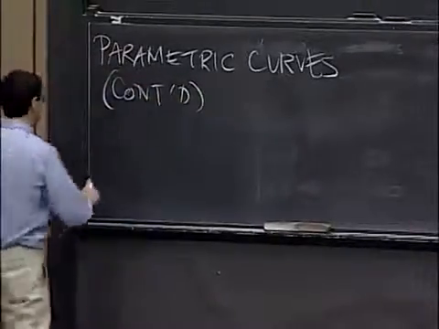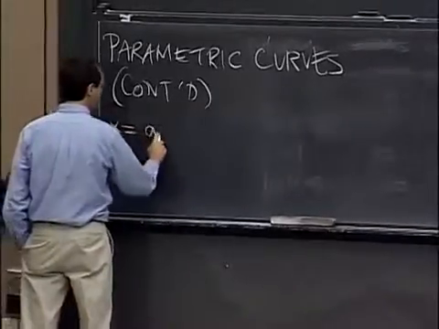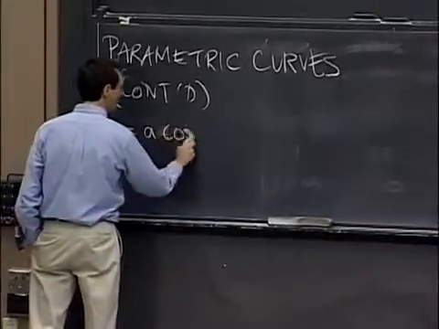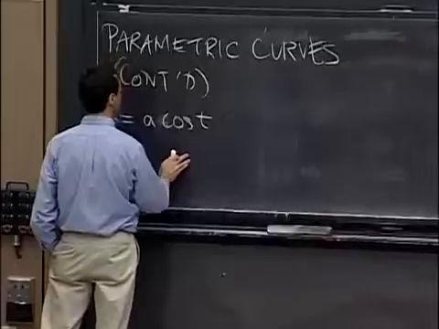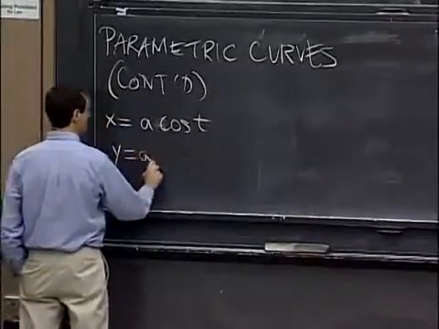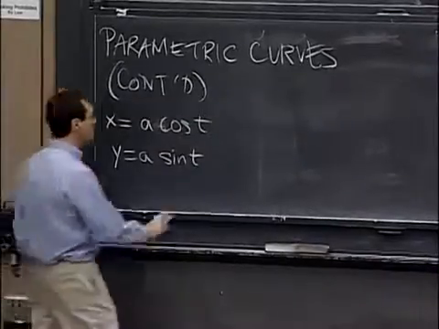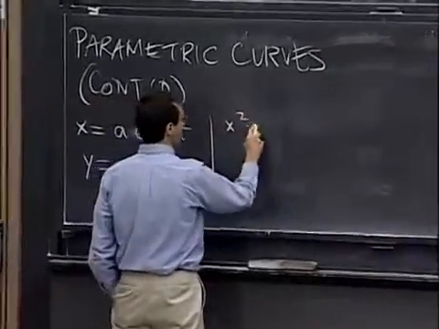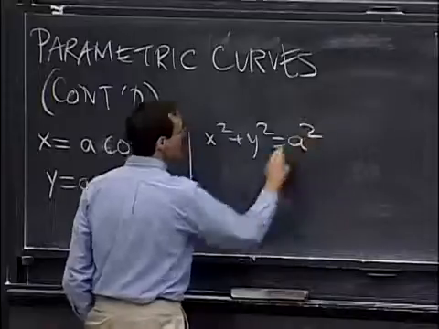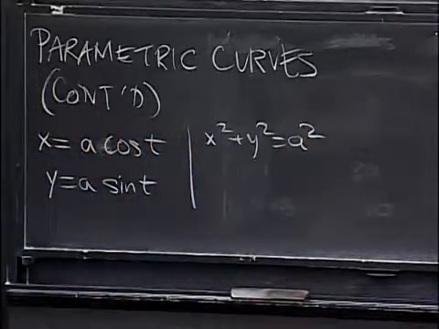Last time, we talked about the parametric representation for the circle, or one of the parametric representations for the circle, which was this one here. And first, we noted that this does parametrize, as we say, the circle.